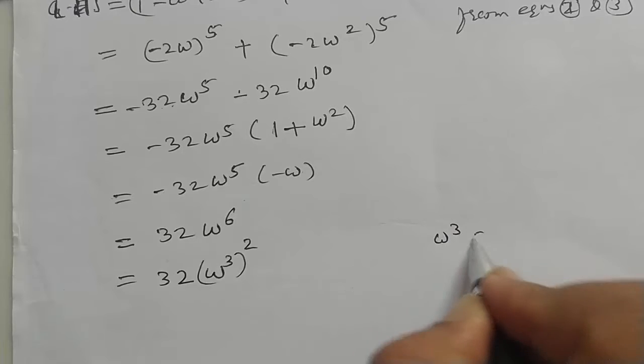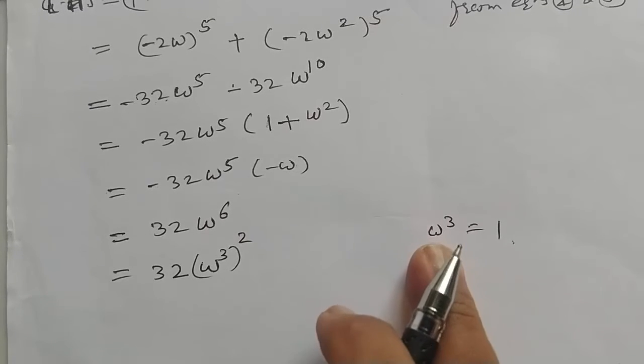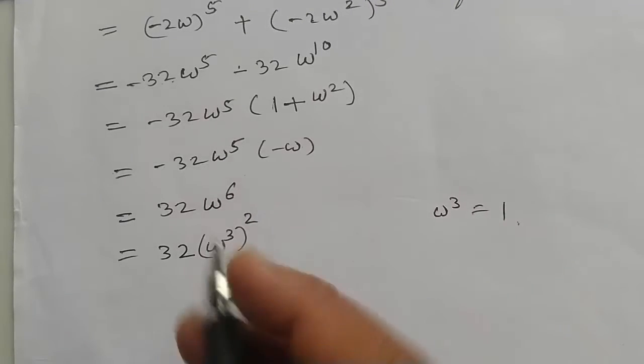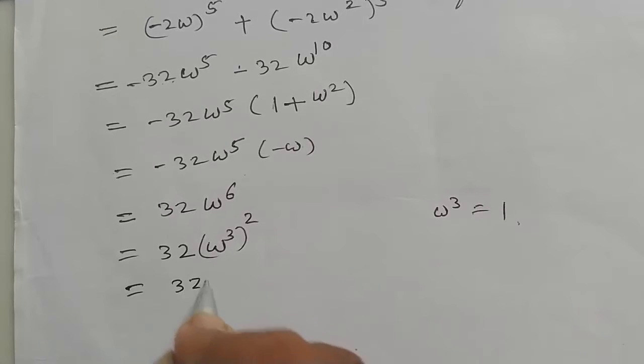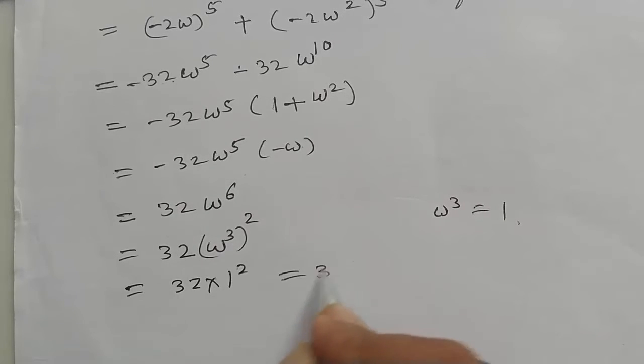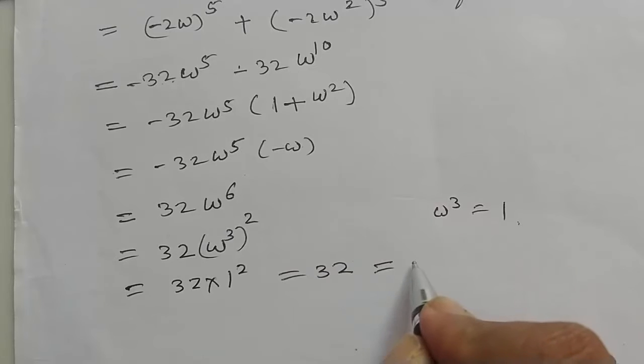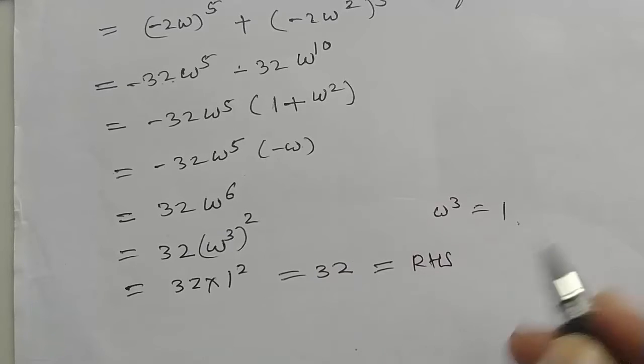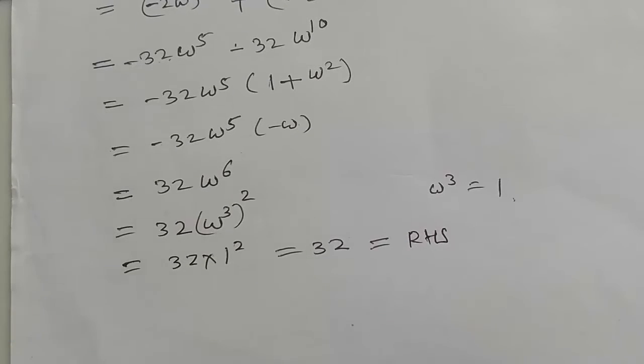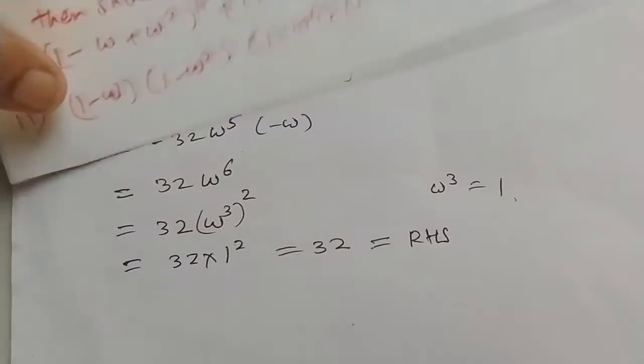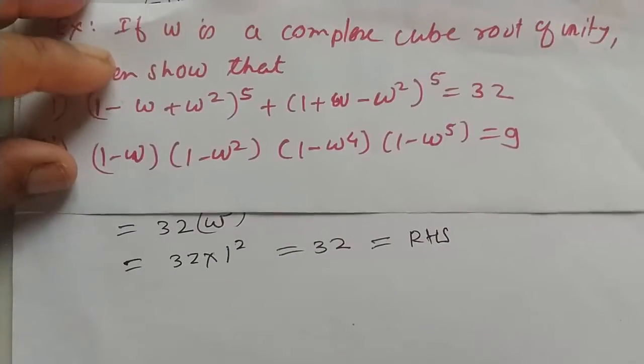Since omega raised to 3 is equal to 1, because omega is a cube root of unity, therefore 32 into 1 square is equal to 32, and this is nothing but RHS. Hence we proved it.